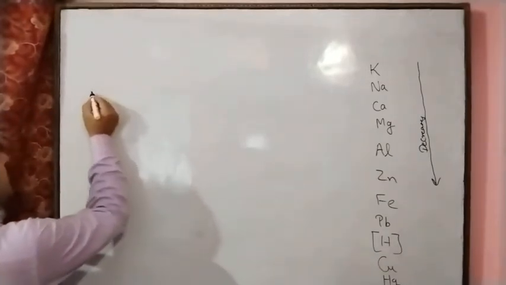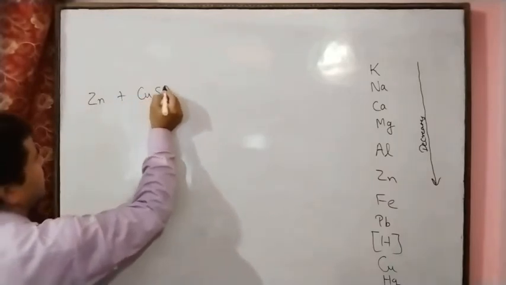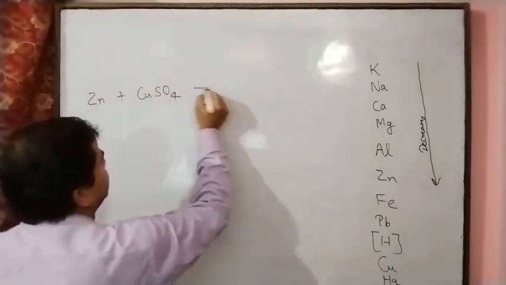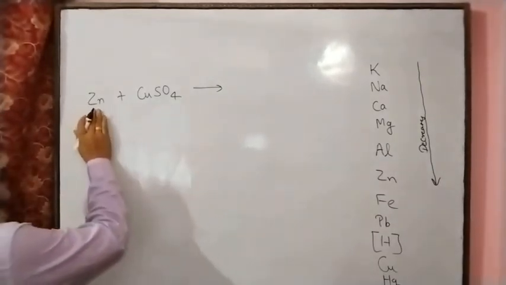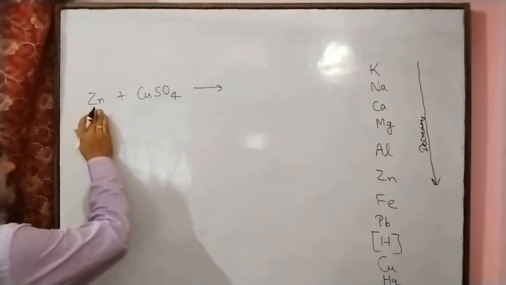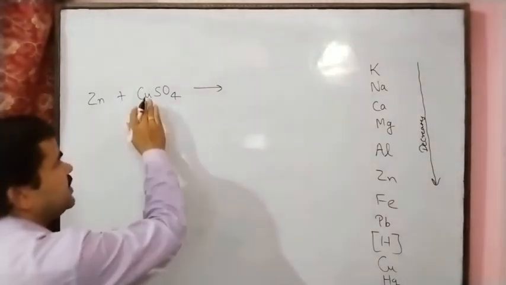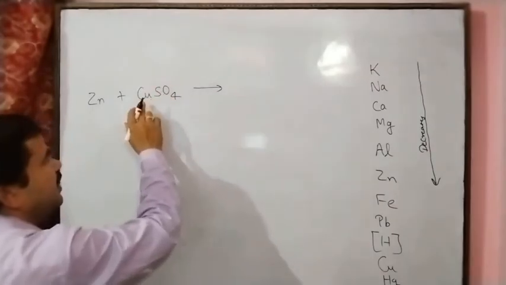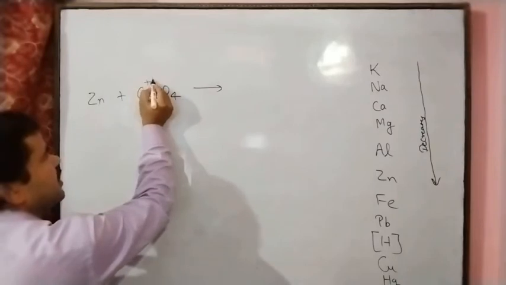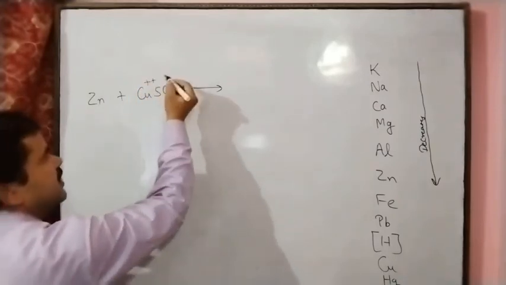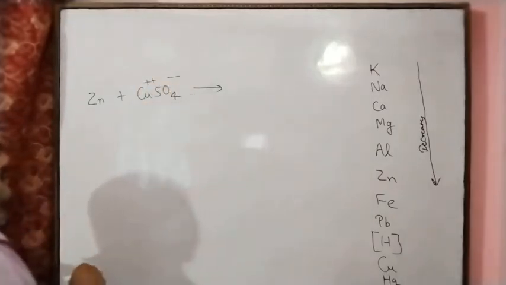Suppose one example is given: Zn reacts with CuSO4, copper sulfate. Zinc is the metal, and copper sulfate is the compound, made from Cu2+ and sulfate, a positive and a negative ion.